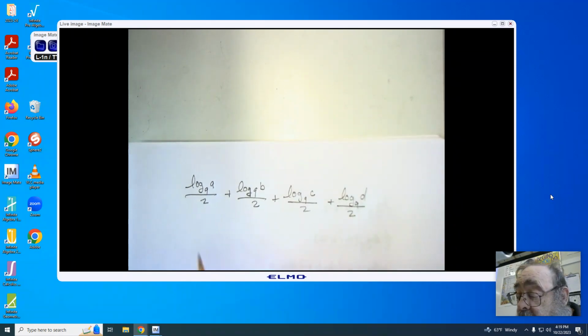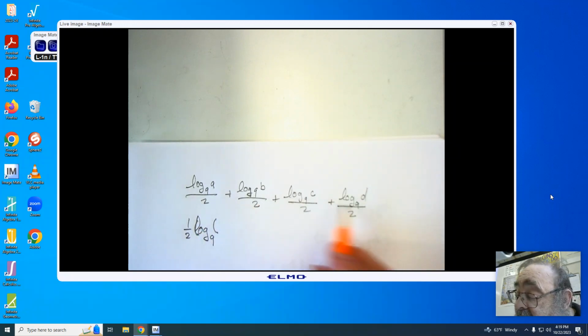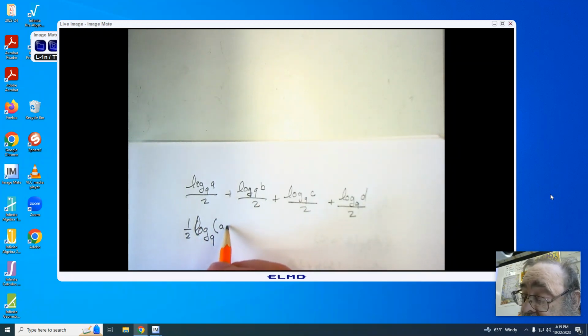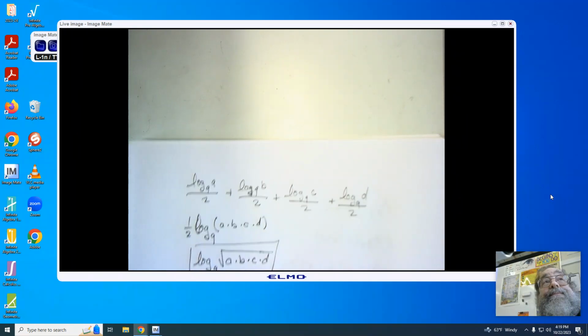I'm going to factor out the 1/2, and because they are all log base 9 and they don't have any additional powers, I have a times b times c times d, which I can then say is log base 9 of the square root of a times b times c times d. And this would be my answer.